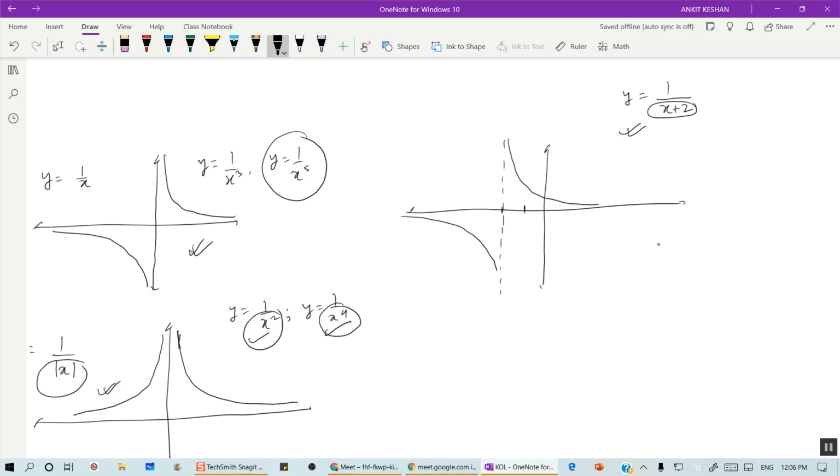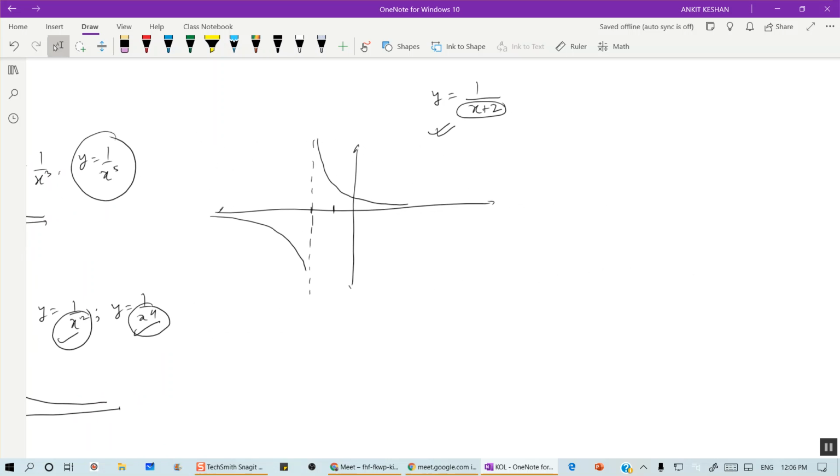So far we are good. y equal to 1 by (x plus 2). Now we can do one more thing, but we will do that later.